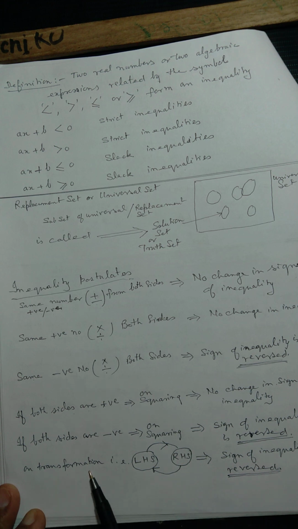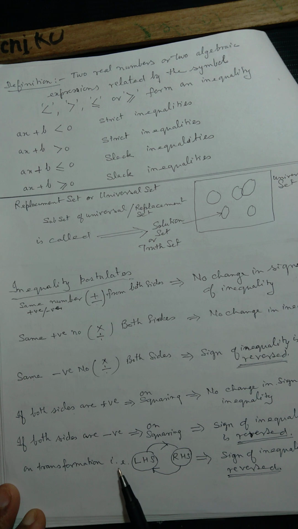On transformation, that is, if you move an expression from the left hand side to the right hand side or from the right hand side to the left hand side, the sign of inequality is also reversed. This process is known as transformation.